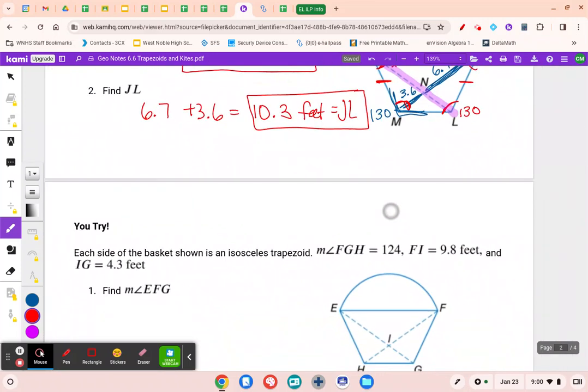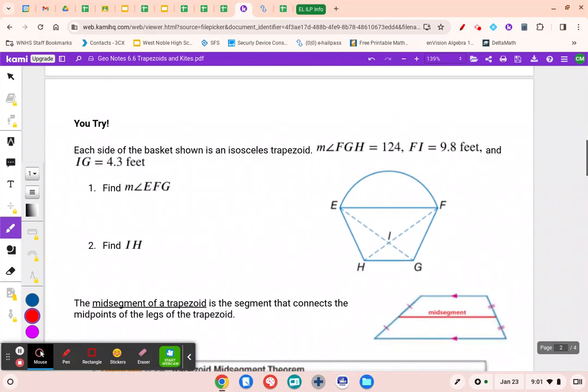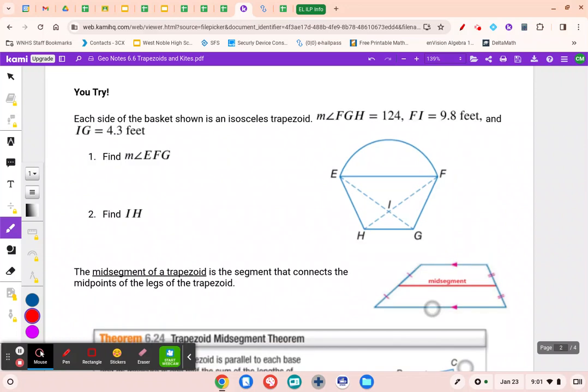Okay? So we're going to go ahead and do the Your Try. You can pause me and try it yourself. I'm going to go ahead and get started. So we have each side of the basket shown is an isosceles trapezoid. So EH and FG are the same. That means these base angles, these two and these two, are congruent. We'll probably end up using that.